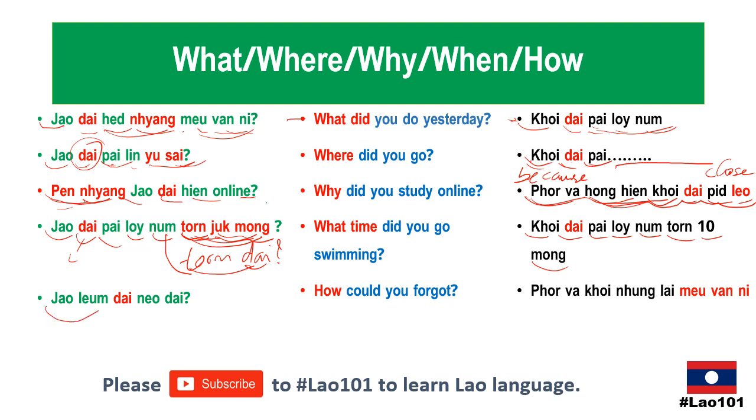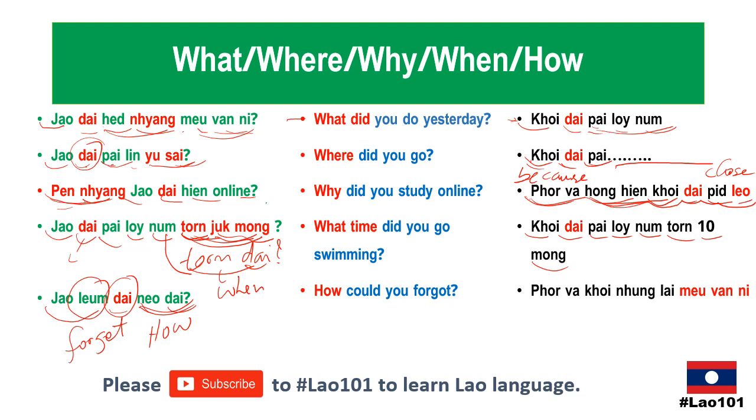เจ้าลืมได้แนวใด. แนวใด also means how, and ตอนใด means when. ลืม means forget. เจ้าลืมได้แนวใด.